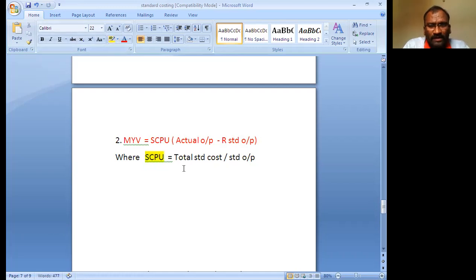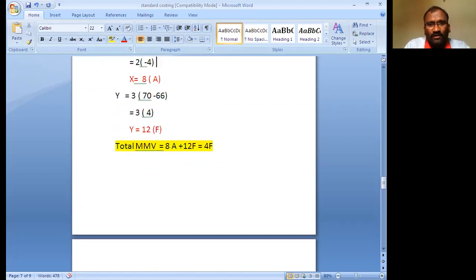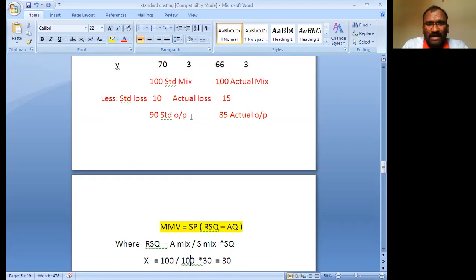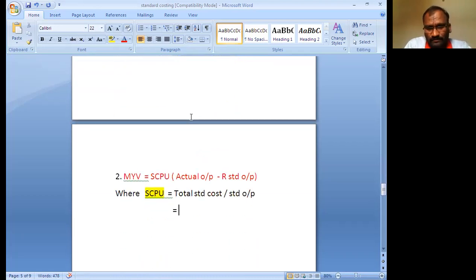In the standard cost per unit formula, total standard cost divided by standard output. Total standard cost means you are multiplying the X values and Y values, X standard quantity and Y standard cost. So X standard quantity cost, how many units are given in the problem? 30 into 2, 70 into 3. You are multiplying the two values here. 30 into 2 plus 70 into 3 divided by standard output 90 is given.